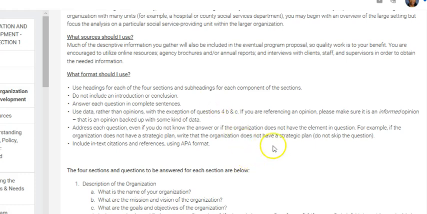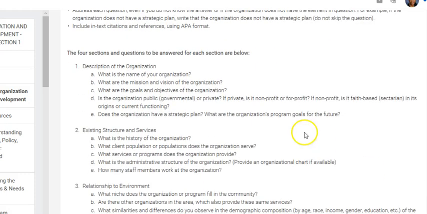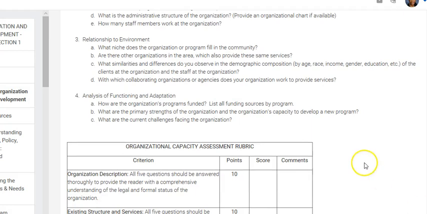You use complete sentences. Again, this is a paper. So it's the description of the organization, the existing structure and services, its relationship to the environment, and then an analysis of functioning and adaptation for the organization, and the rubric is here.